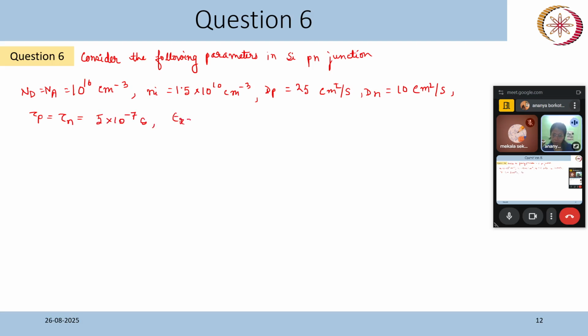And epsilon r for silicon is 11.7. So determine the ideal reverse saturation current density.